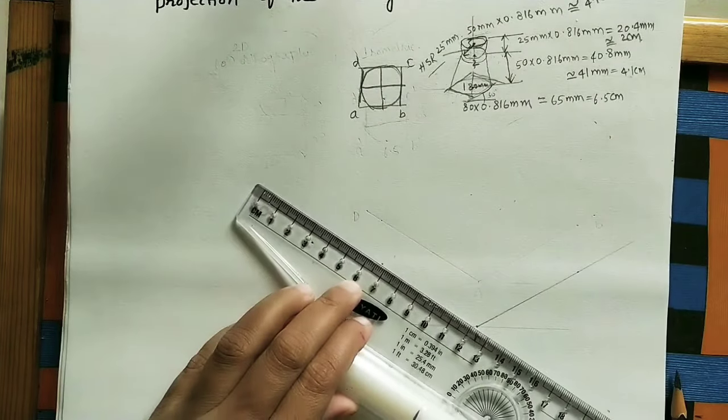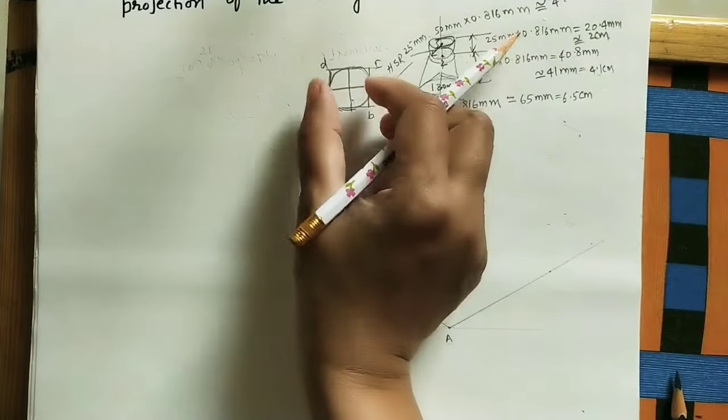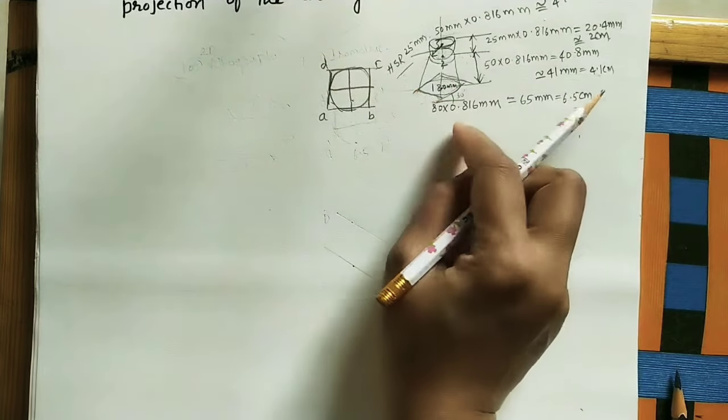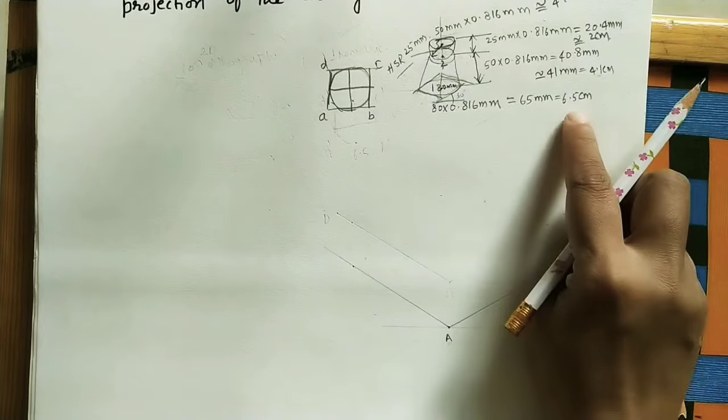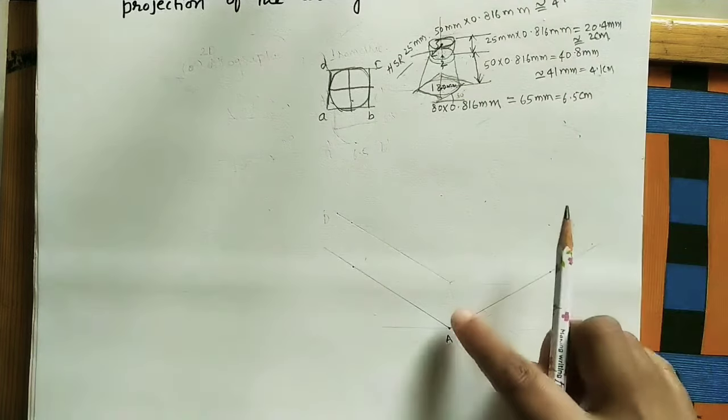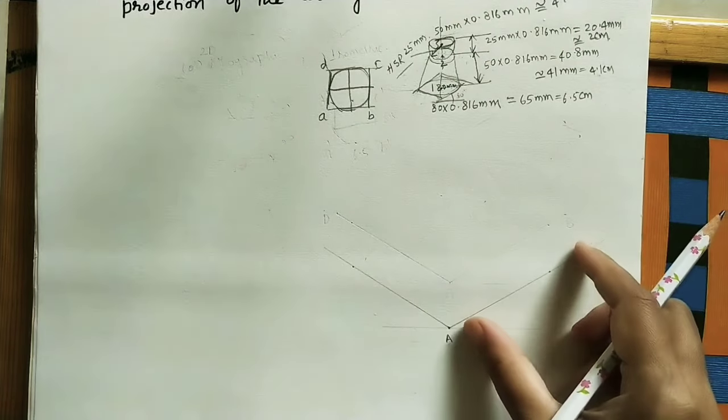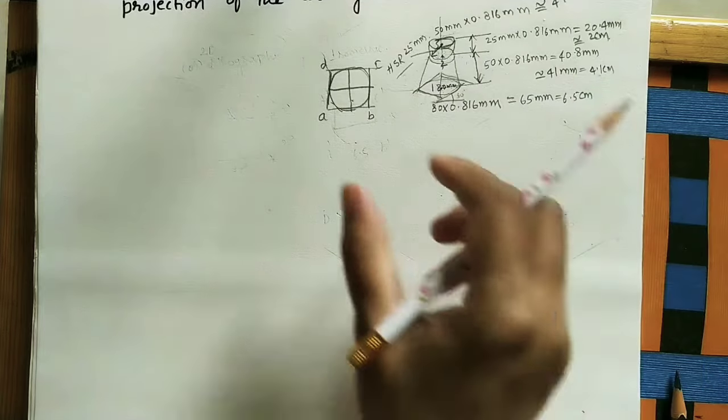Here we have to mark A, the initial point. Whatever initial point is coming, take that point. In this direction, how much is the length? I have already told you, it is nothing but the diameter of this bigger circle. How much diameter? For 80 mm we have calculated, it is 6.5 centimeters. So mark one diameter here, it is AB, this length.